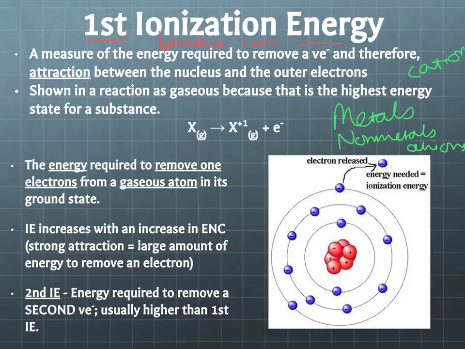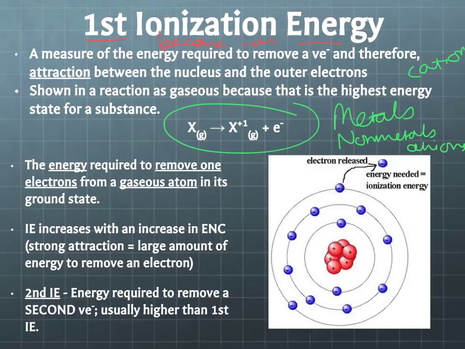Okay, so we show a little reaction to show this, and that's this reaction right here. This is something that especially those of you going into AP and IB chemistry in the future, you'll see a lot. The X is referring to just a generic element. It is in the gaseous state. Gaseous state is always going to be the highest general energy state for a substance prior to ionization or prior to plasmalizing.